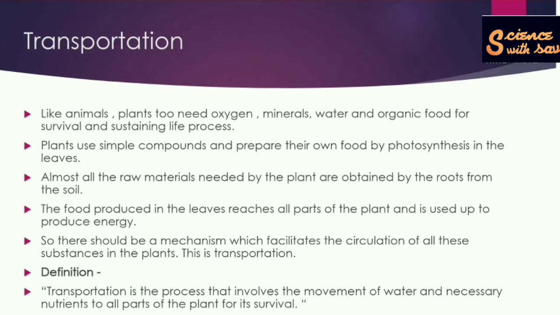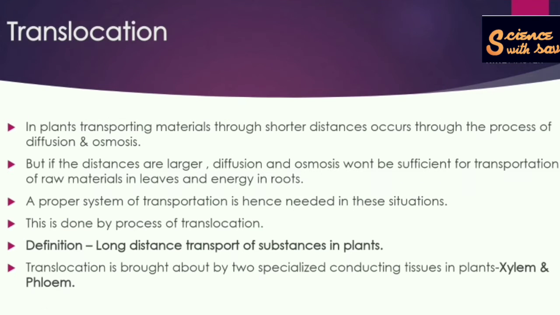In the same way, a mechanism is also there in case of plants, and this is what we are going to study in today's class. You can take the definition of transportation: it is the process that involves the movement of water and necessary nutrients to all parts of the plant which is needed for its survival.